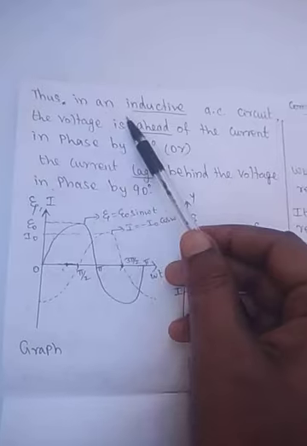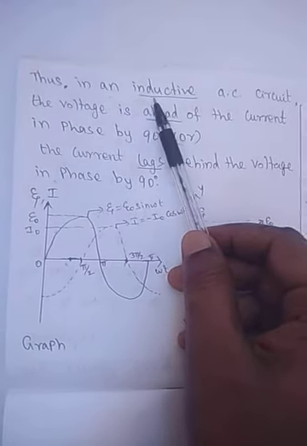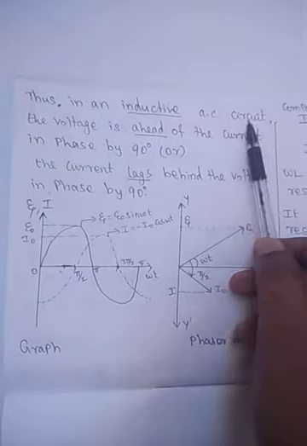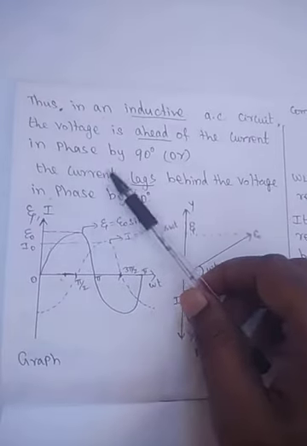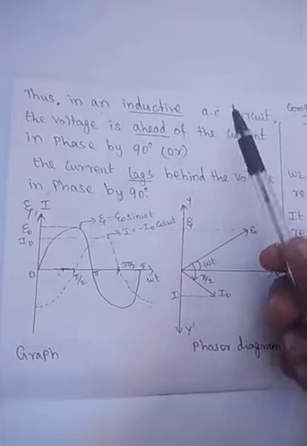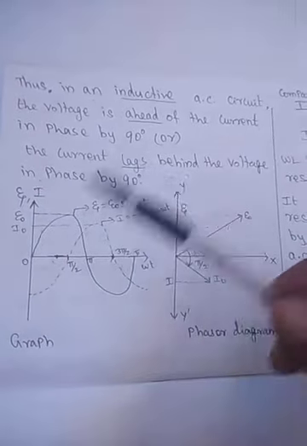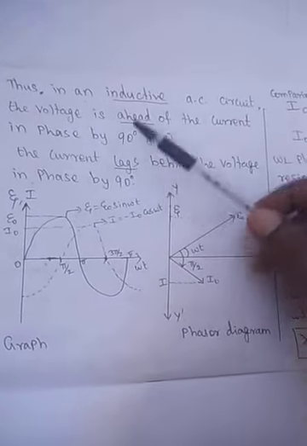Thus we conclude that in an AC circuit with only an inductor, the voltage is ahead in phase angle of the current, or in other words the current lags behind the EMF by 90 degrees.